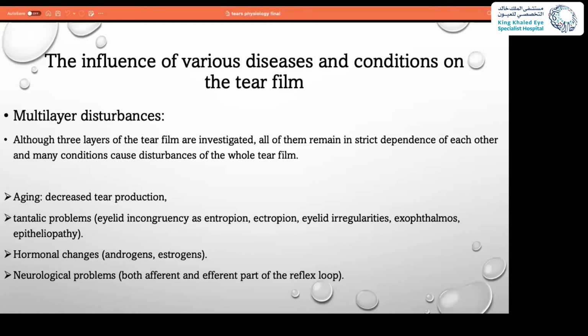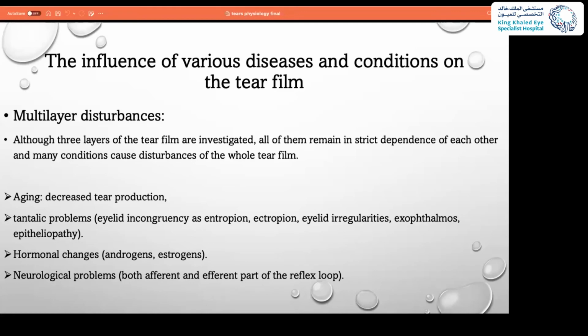Multi-layer disturbance sometimes happens, where the patient has more than one layer disturbed. Although the three layers of the tear film are investigated separately, all of them remain in strict dependence on each other, and many conditions can cause disturbance of the whole tear film. Aging can cause decreased tear production.